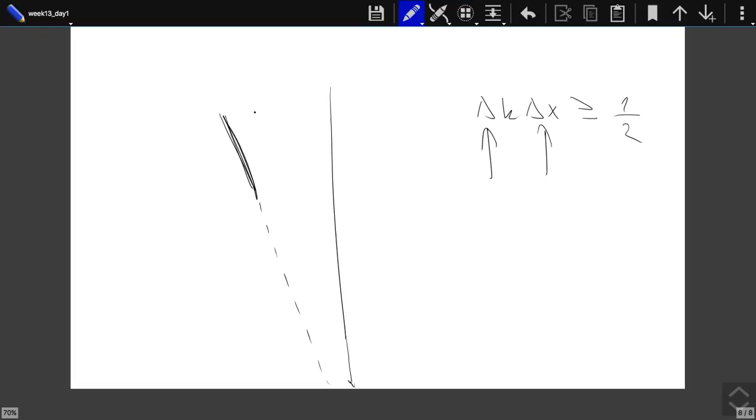I would say compared to this length. But that means this angle should be small. So what goes wrong if that angle is not small? I don't really know. I don't have a definite answer.